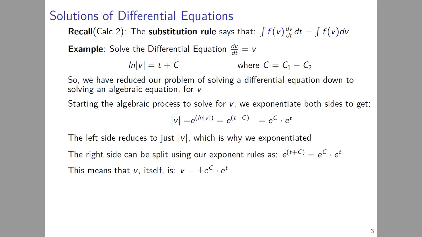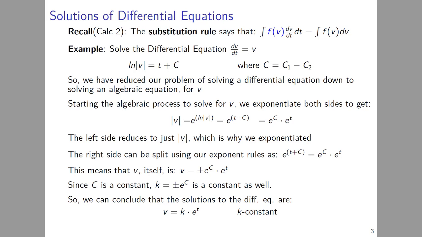And since c is constant, e to the c is constant as well, and so is plus or minus e to the c. So we can rewrite this coefficient plus or minus e to the c as some new constant k. And we can conclude that the solutions of our differential equation are all of the form v equals some constant k times e to the t. And we've just solved our first differential equation of the course.